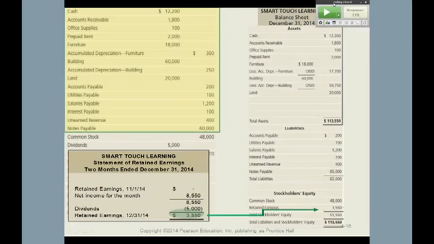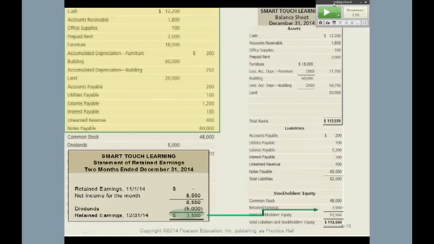If we looked at the accounts separately, that's the way they would appear in the ledger.